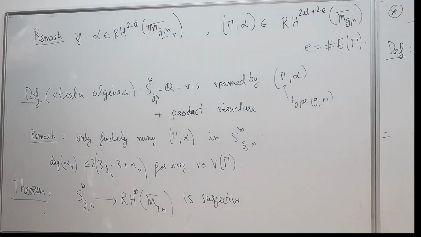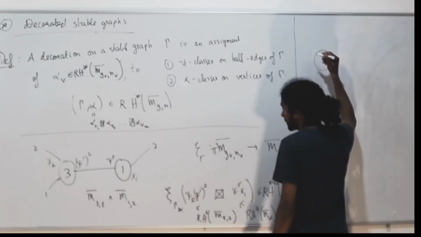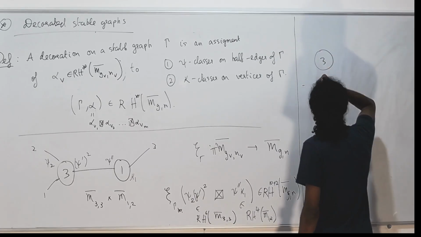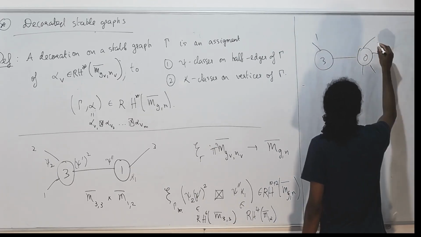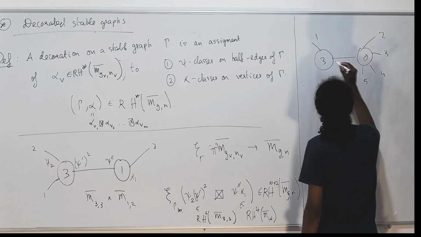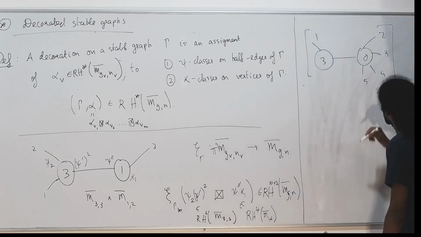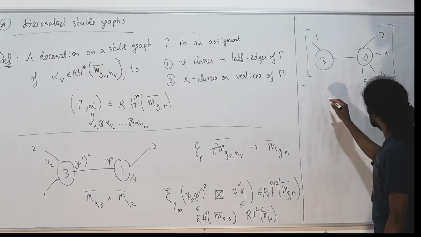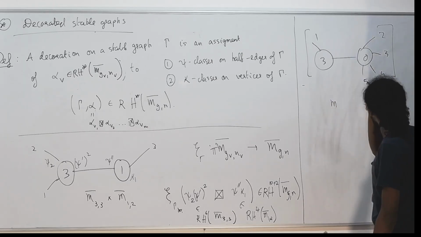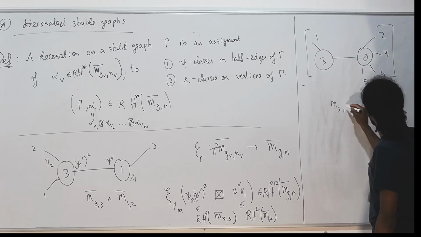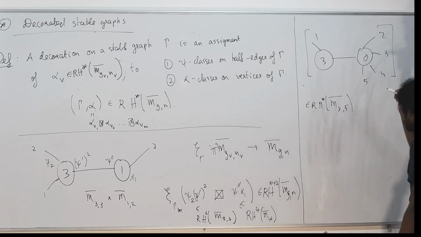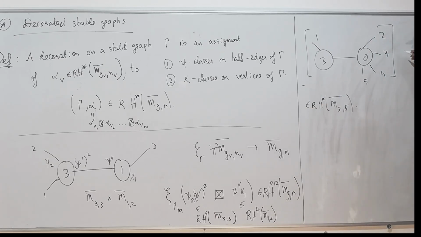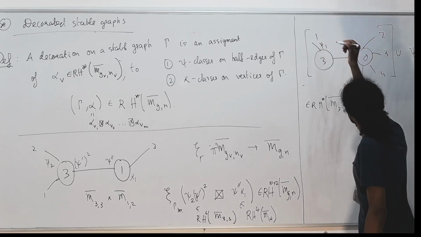Okay, so in some example, if I just wanted to intersect this decorated stable graph, in genus 3 with 5 marked points, with a psi class, maybe I'll put a decoration, say psi 1, kappa 1.